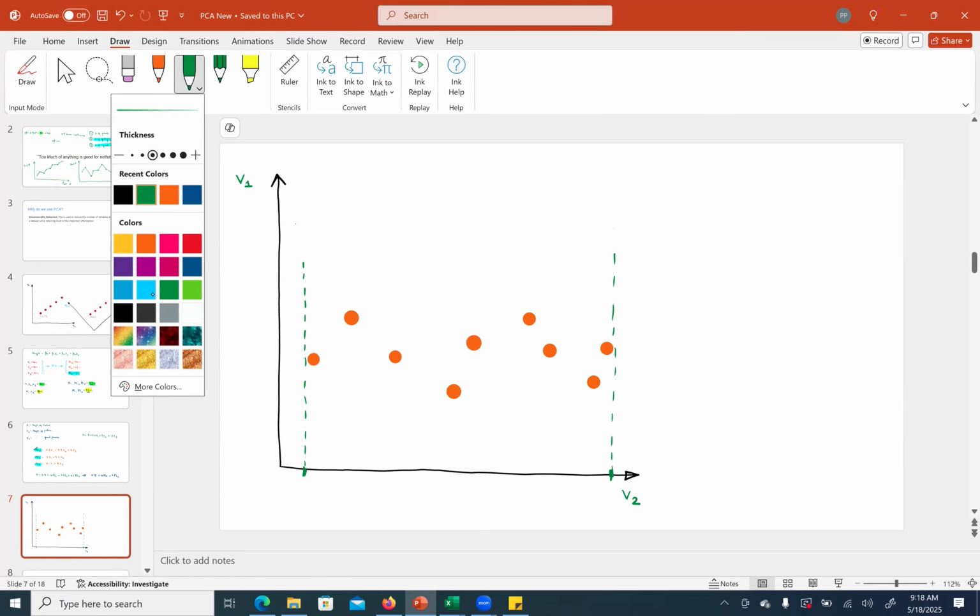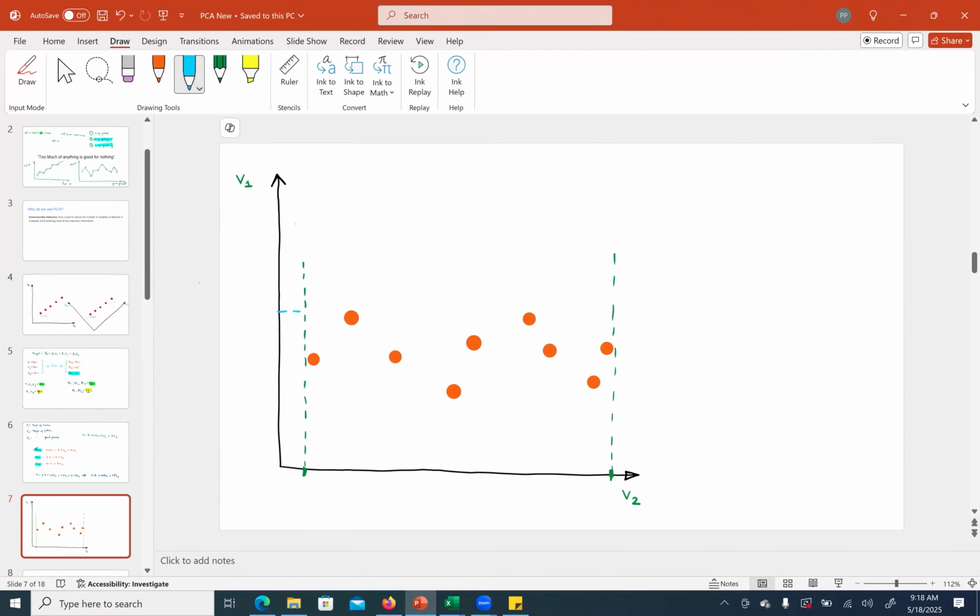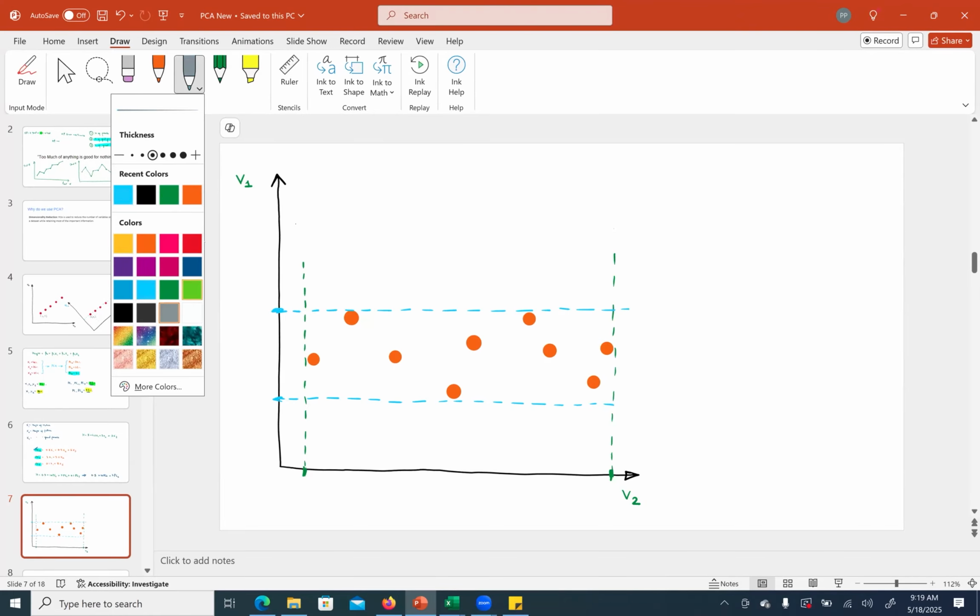Right? Similarly, if someone asks me, what is the range of variable 1? Variable 1 ranges from this thing to this thing. Okay. Now let's say this variable 1 is some variable like maybe salary.